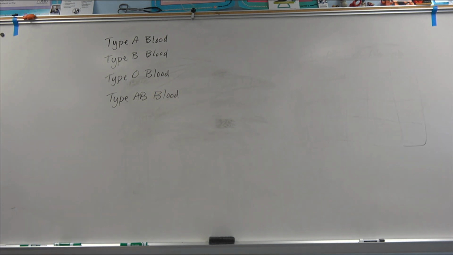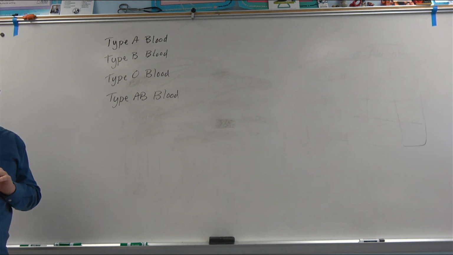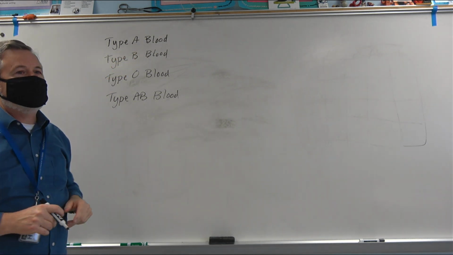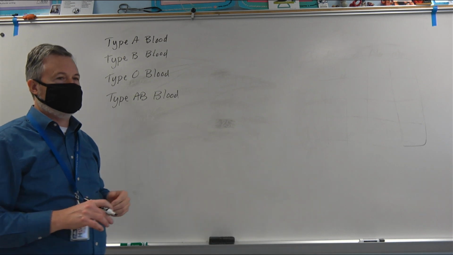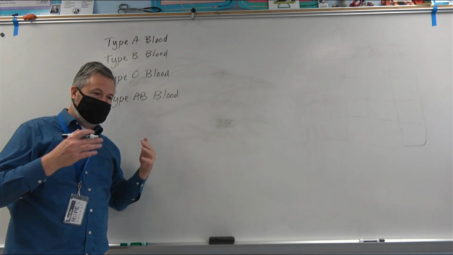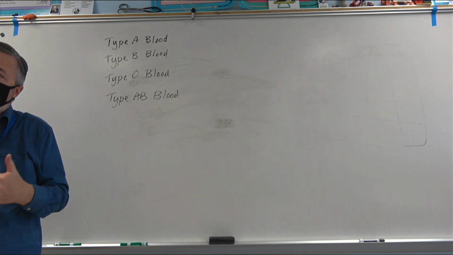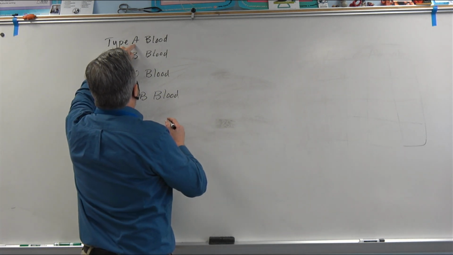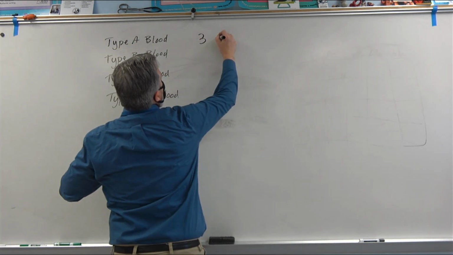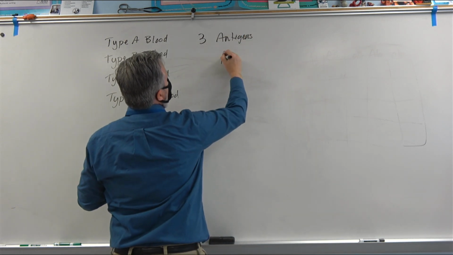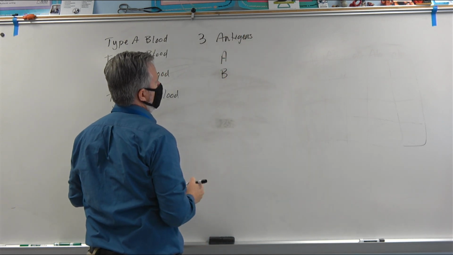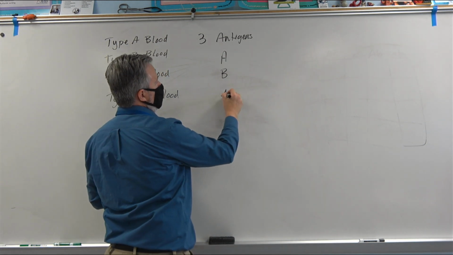Type A blood. This means on their cells they have A antigens on the outside of their red blood cells. Does anybody remember what the genotype for A type blood is? Okay. And recently, because of the way it is on the STAR test, we've had teachers teach the wrong thing here. There are only 3 antigens: an A antigen, a B antigen, and an O antigen.